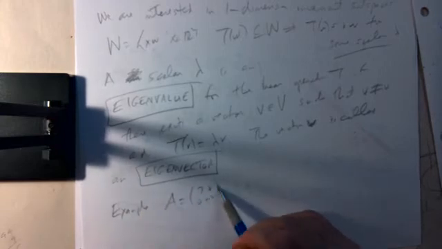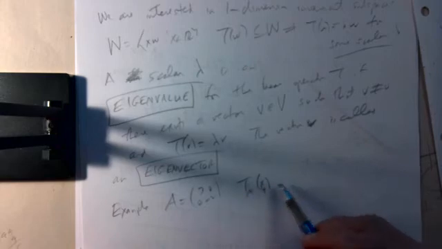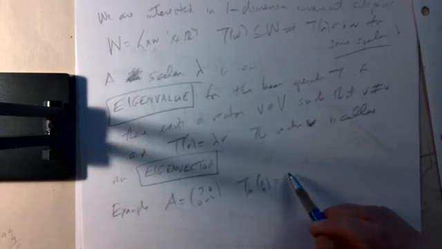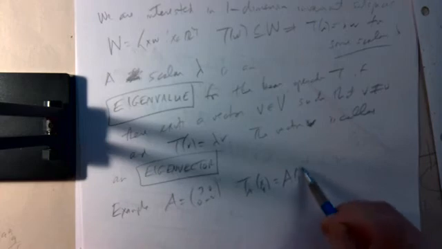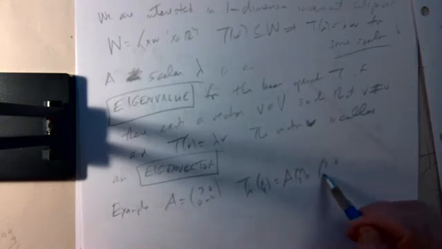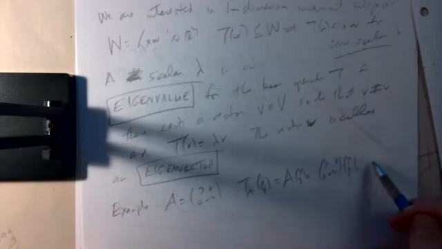Suppose I take the matrix 3, 0, 0, minus 2, and T sub A of x, y, from R2 to R2, is going to be A times (x, y). That is, you multiply the matrix times the vector, you get (3x, minus 2y).